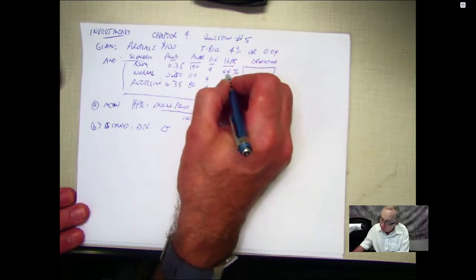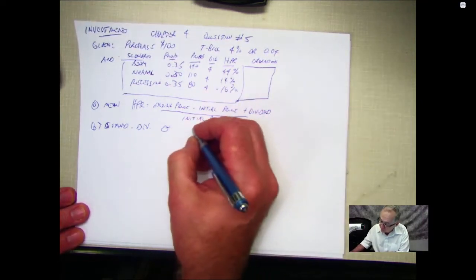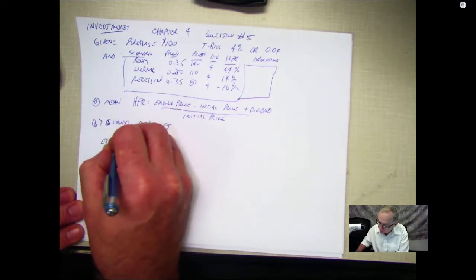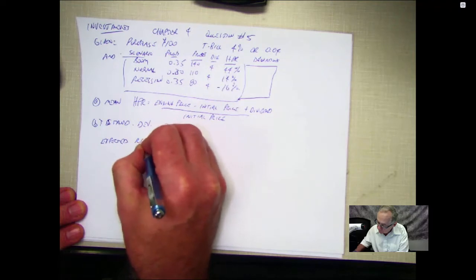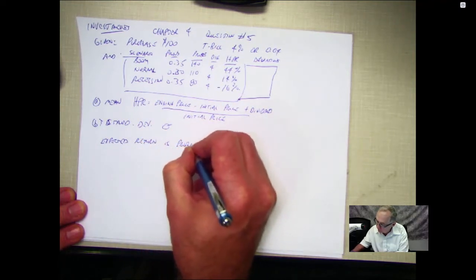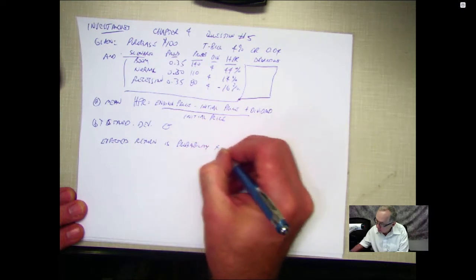So our expected return is probability times outcome.